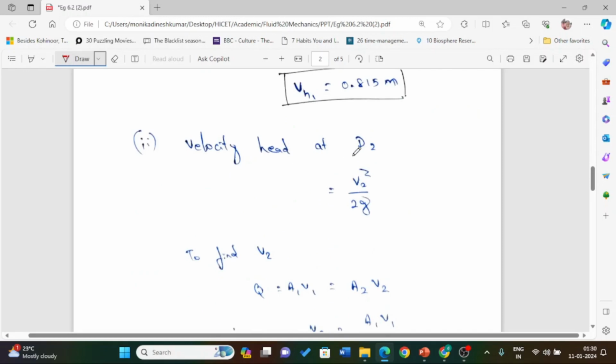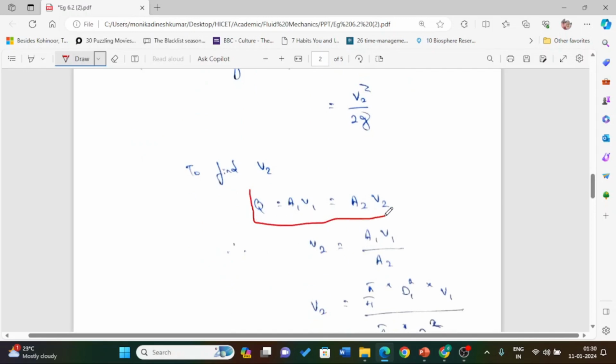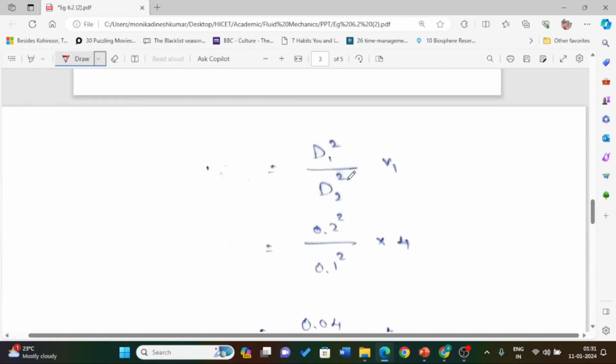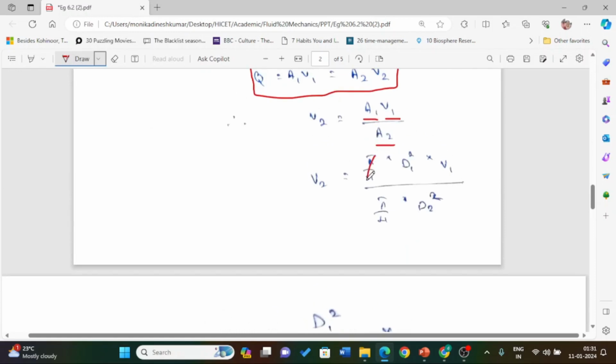And the velocity head at section 2 is v2 square divided by 2g. But we don't know the value of v2. As per the continuity equation, Q equal to a1 v1 equal to a2 v2. From diameters d1 and d2 we can find the areas of cross section 1 and 2, and we simply cancel out the common terms.